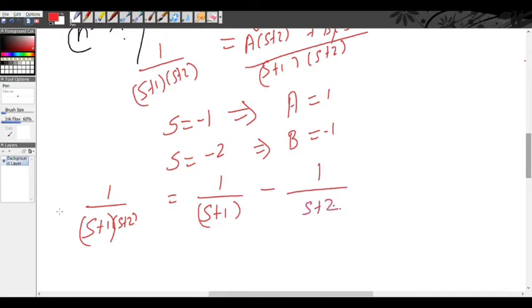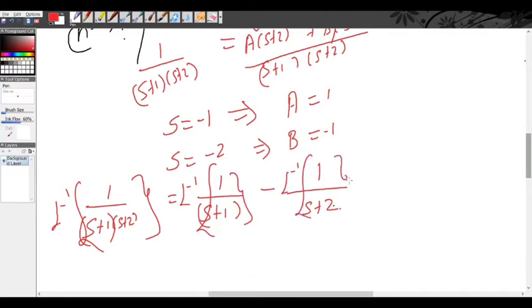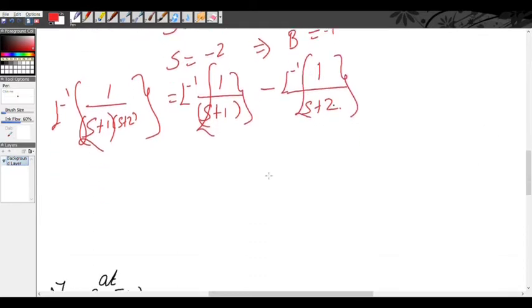Now take the L inverse of this one, because we need to find the inverse Laplace transform. Now what is the value? The value will be e power minus t minus e power minus 2t. But our question is not this. Our question is L inverse of 1 by s into s plus 1 into s plus 2.